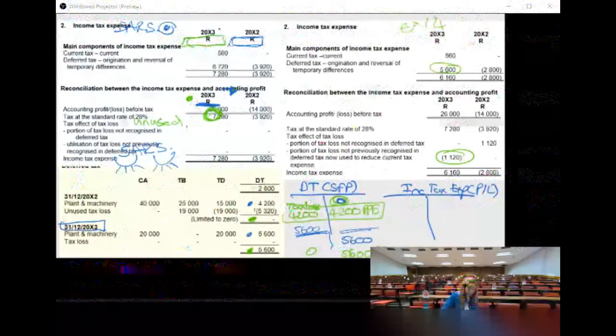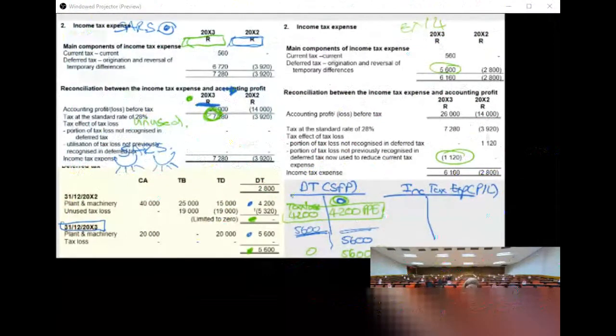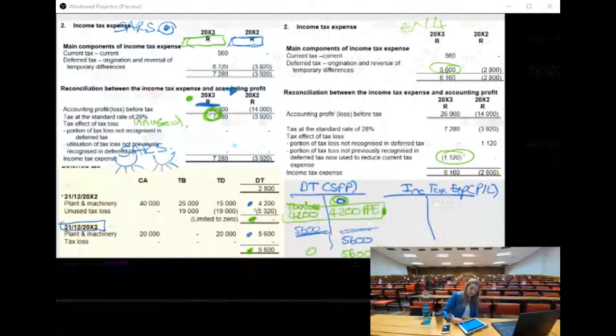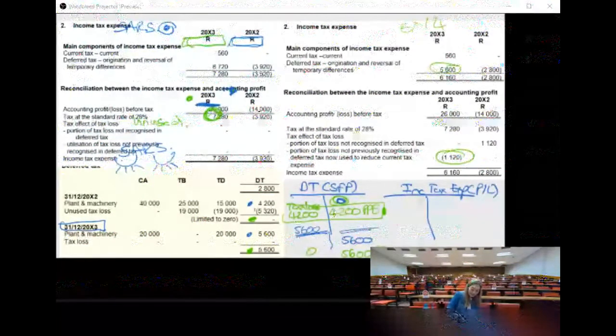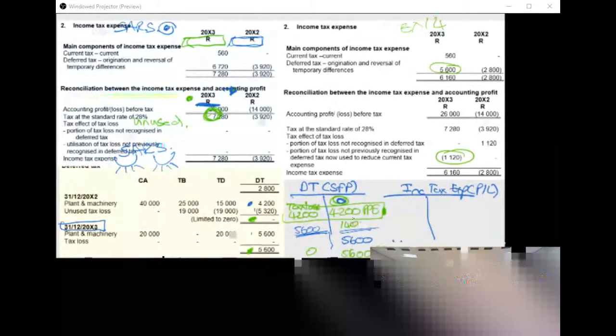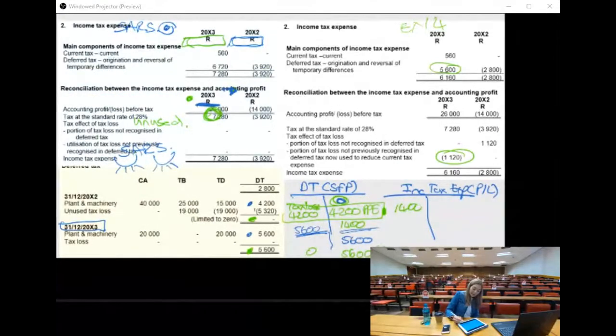So the movement from the 4,200 liability to the 5,600 liability would have given us, we would have had to credit the deferred tax account with that 1,400, and the other leg would be here in our income tax expense.